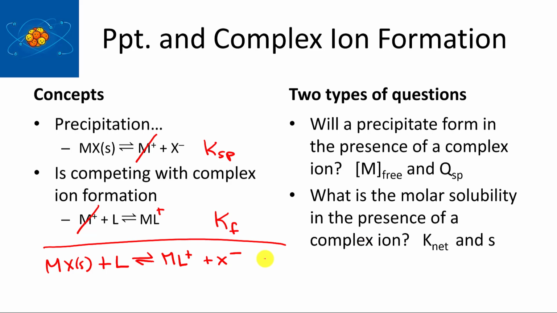But to calculate solubility, you would say K net is going to be Kf times Ksp. Okay? So the first one's a Q calculation, and the second one is going to be using this net reaction for the coupling of the Ksp and the Kf reactions.